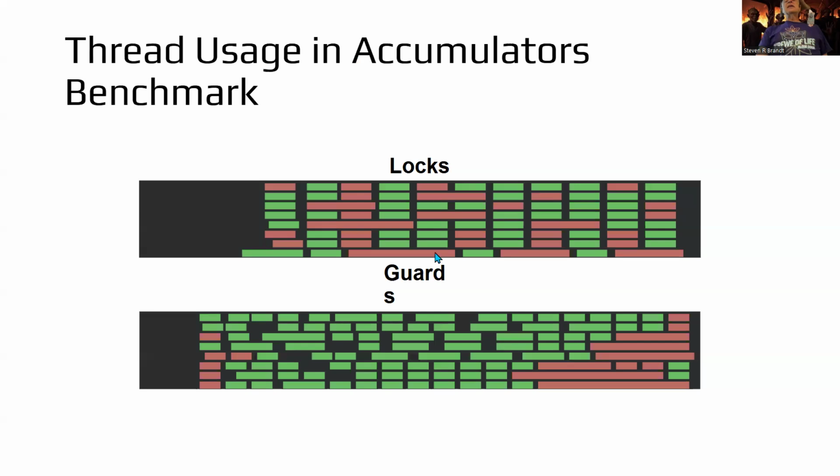And the black is the operating system doing its scheduling, doing its own internal work. And you notice that with the locks, we've got lots of red all over the place. And with guards, we've got lots of green. We have some red at the end because the system is going to busy wait on the threads that have no work to do before it can shut down. But anyway, you can see.